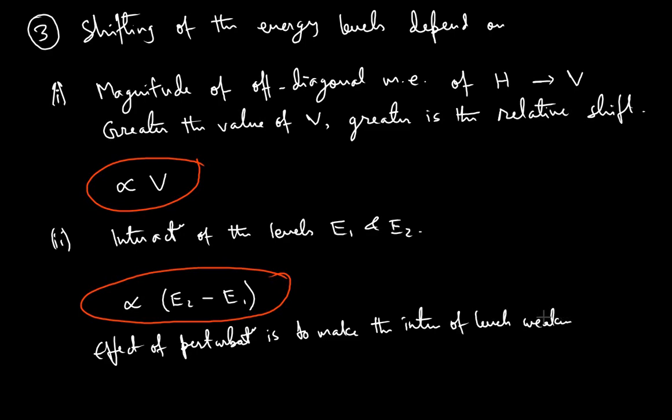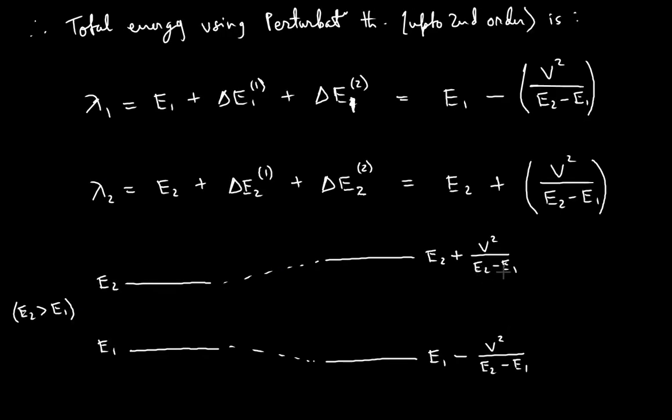Why? Because as a result of the interaction, the levels are being separated, right? If E1 and E2 are more closely spaced, then this difference will be less, and the entire thing depends on the denominator. So if the levels are closer to each other, then this will be large. So if E1 and E2 are closely spaced, then the shift is large.